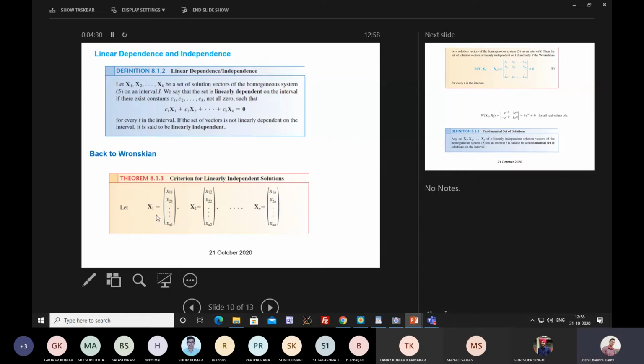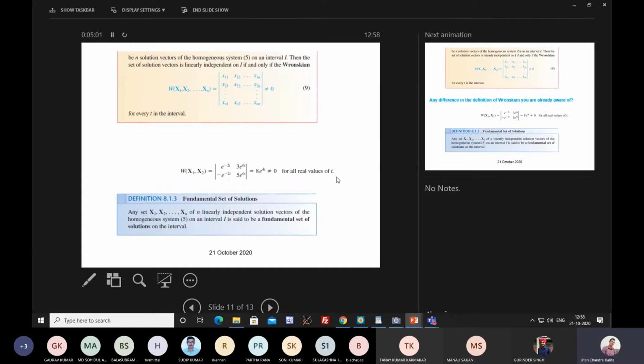Okay, so I am assuming that these are the solution vectors x1, x2 up to xn. Remember, earlier I was talking about only x1, x2 up to xk, where k is assumed to be less than or equal to n. But here I am considering exactly n vectors. Okay, fine, because I am going to go to linearly independent solutions.